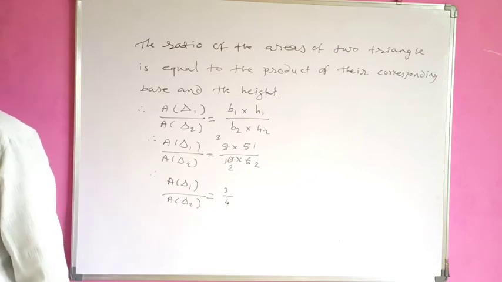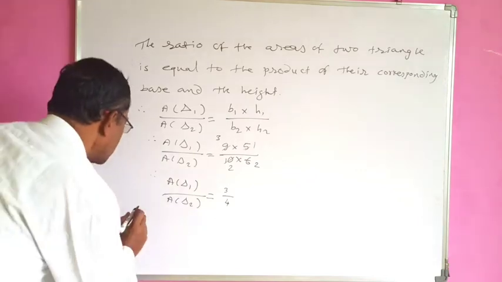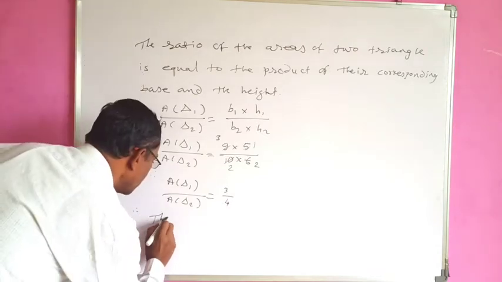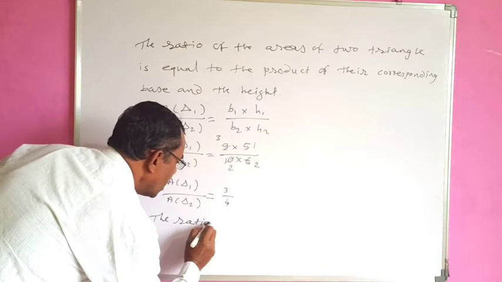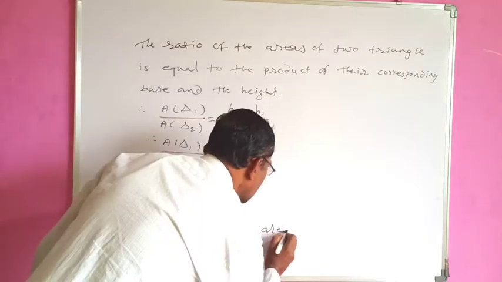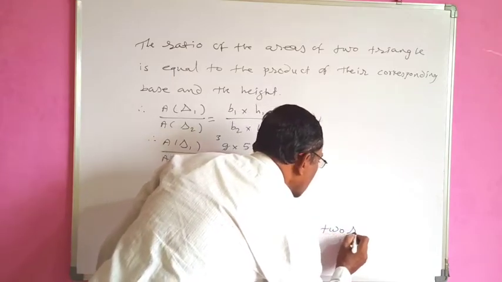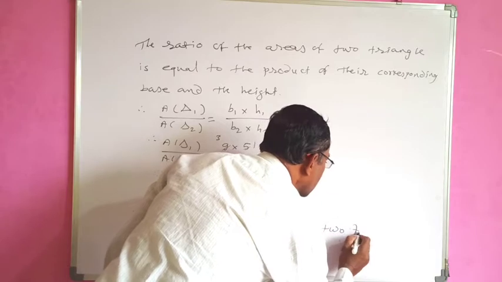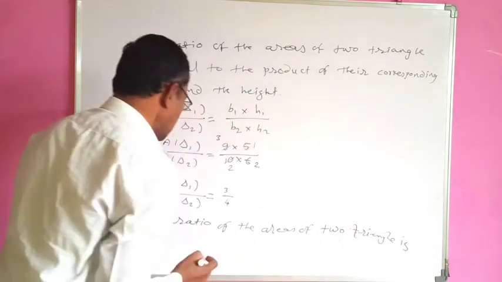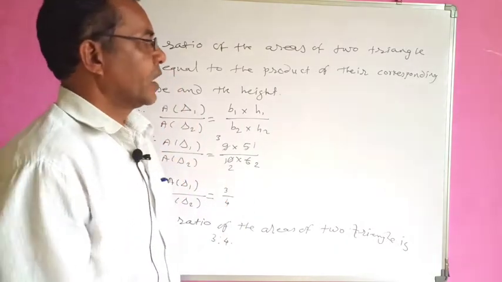Therefore we will write the last answer: the ratio of the areas of two triangles is 3:4. This is the answer.